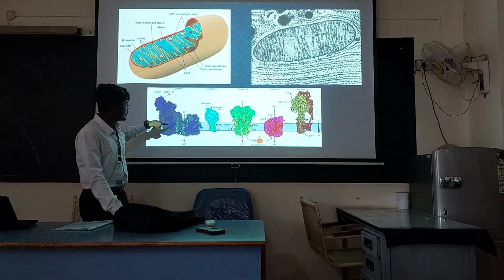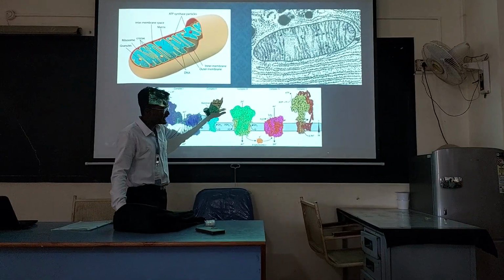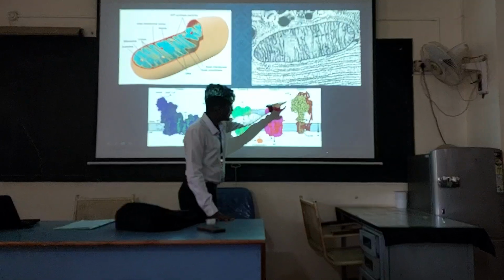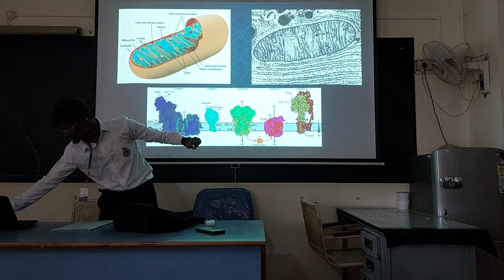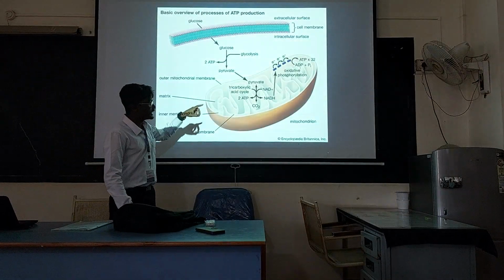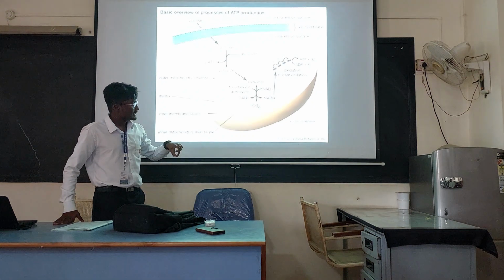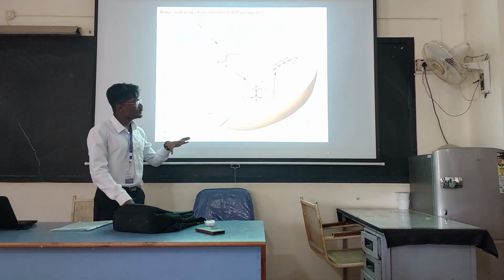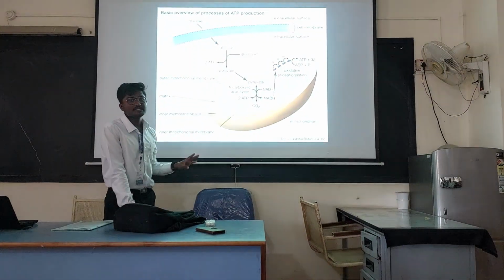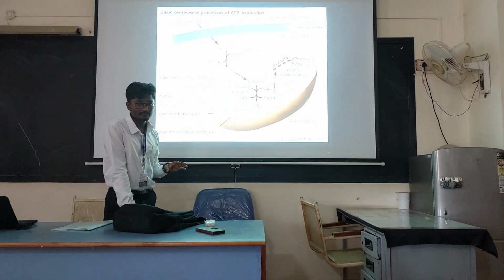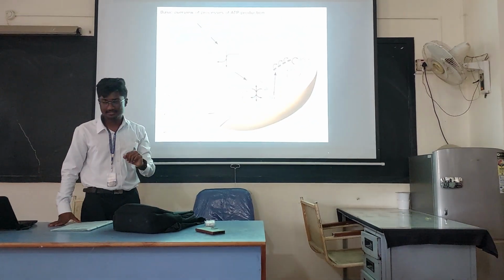Okay, so what happens is the protons from these complexes then enter the oxysome. The oxysome has the ATPase enzyme. Using that enzyme and binding with inorganic phosphate, 32 molecules of ATP are generated. So in this process, more molecules of ATP are generated.